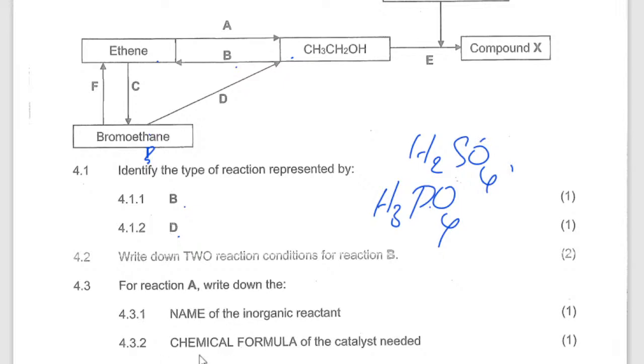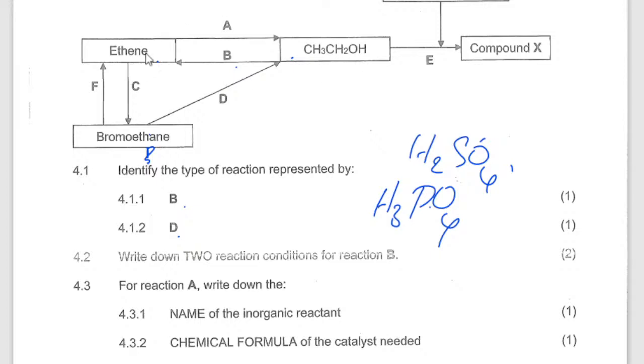Then they are saying the chemical formula of the catalyst needed. What is the chemical formula? They're saying write down the two reaction conditions, you're done with that. For reaction A, write down the name of the inorganic reactant.